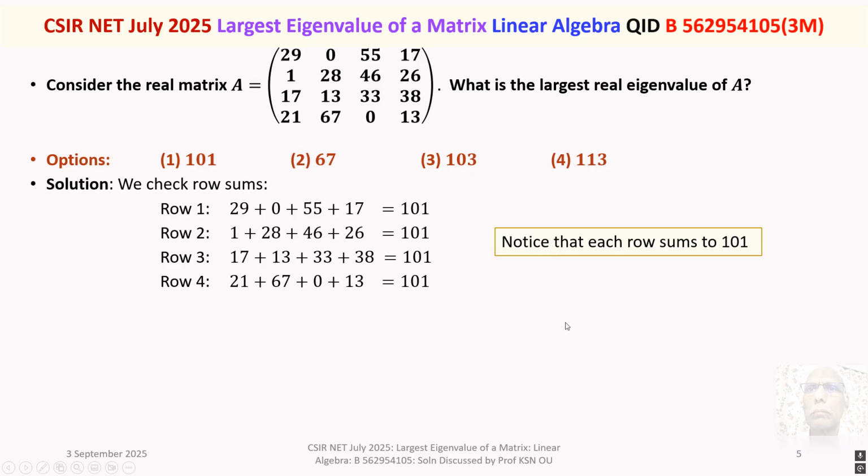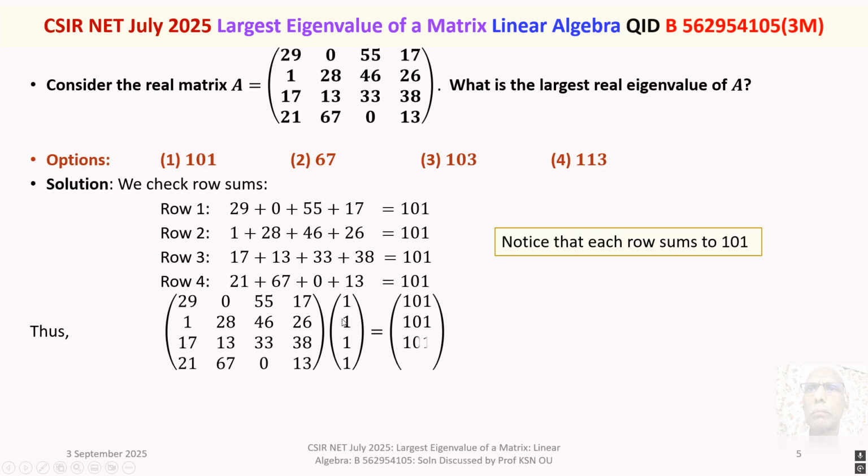Then what does it say? It says that the matrix A multiplied by the column vector (1, 1, 1, 1) is equal to, when you multiply, since the row sum is 101, the column vector (101, 101, 101, 101). This is 101 times the vector.